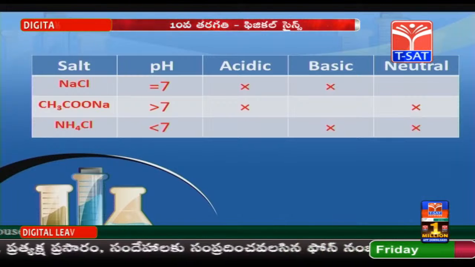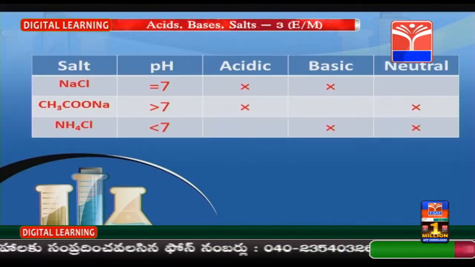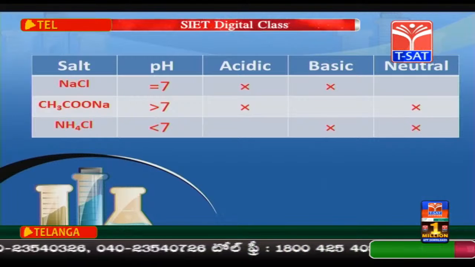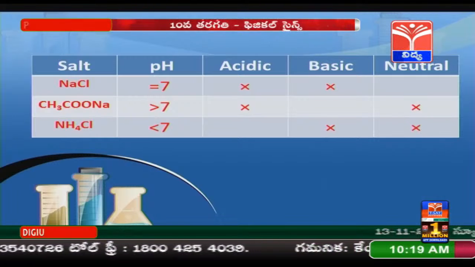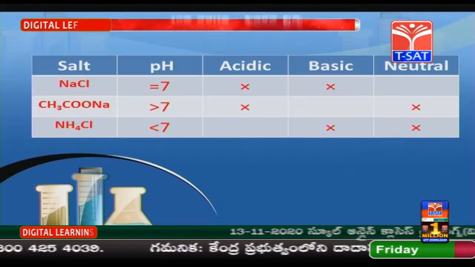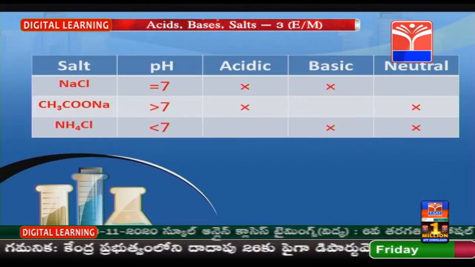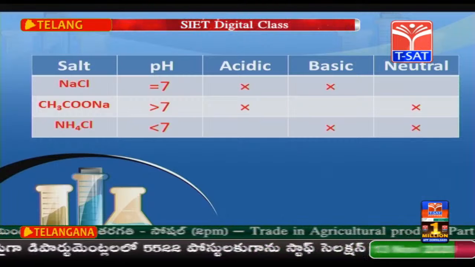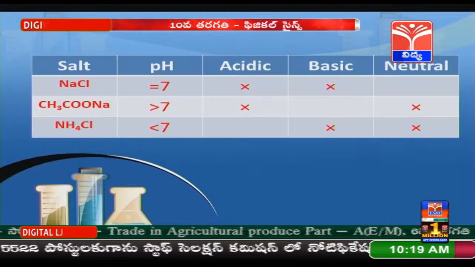Which is the stronger one? Yes, hydrochloric acid is stronger when compared to NH4OH, which is a weak base. Then you can guess what salt is formed of this category. Here the acid is stronger, therefore it is an acidic salt.